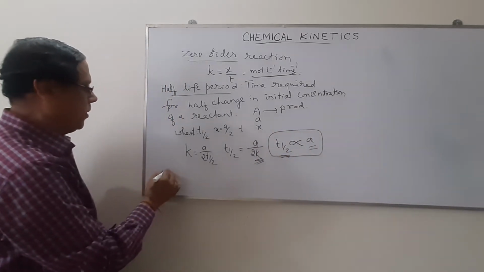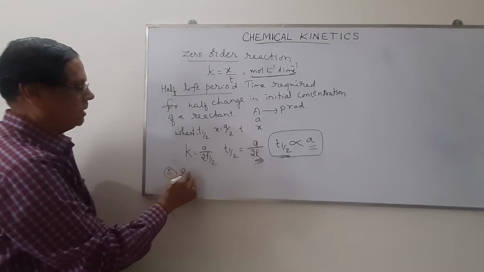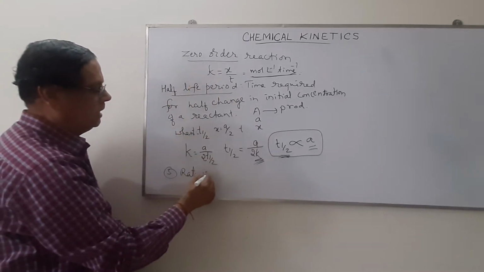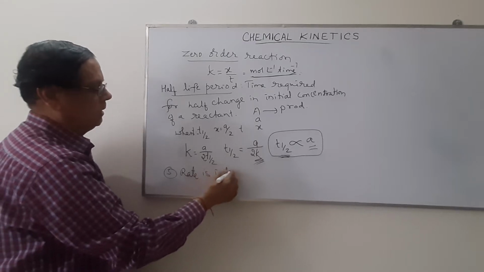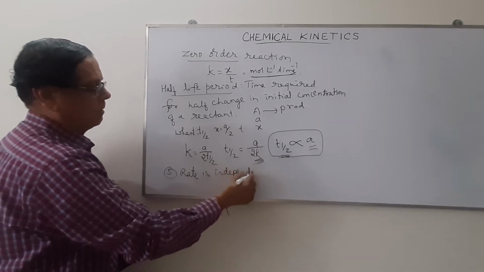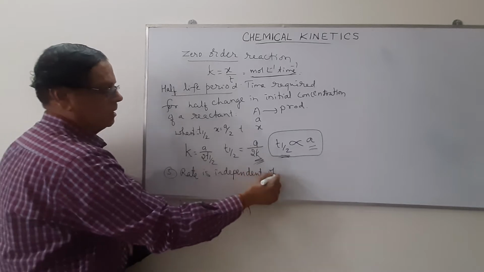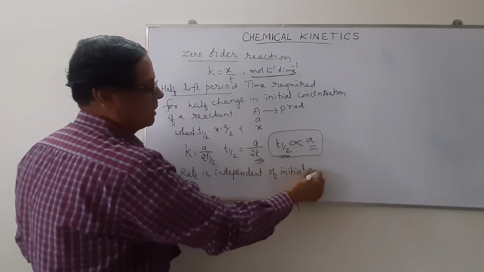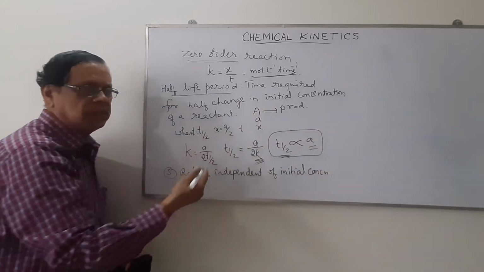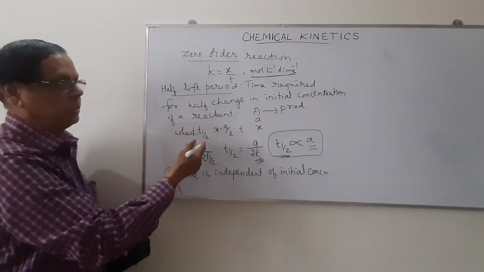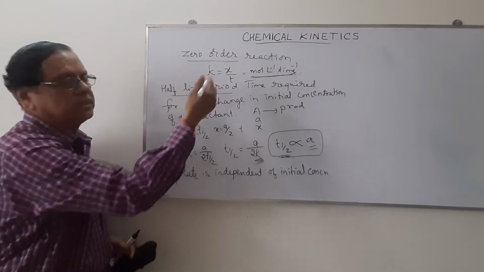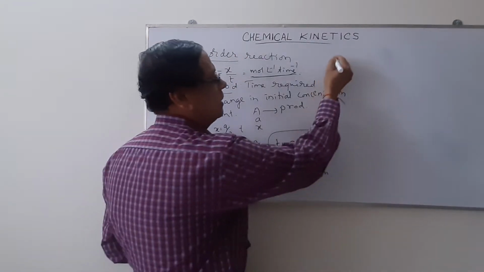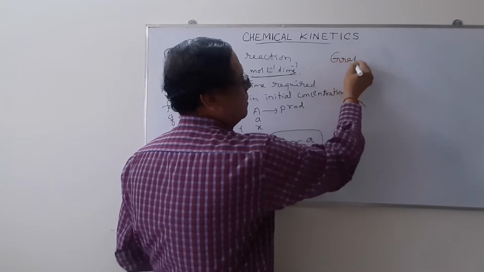The third important point is that the rate of a zero order reaction is independent of initial concentration. So if you consider this information, then we can represent a zero order reaction by using various graphs. Let us see the graphical representations.